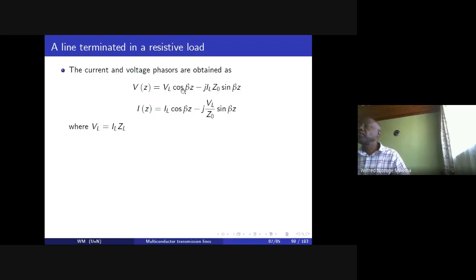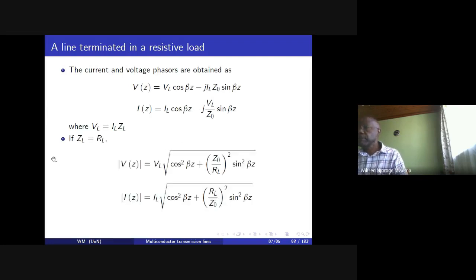This we can always obtain from the original expression we had for Vz, which we said was going to be IL ZL multiplied by the hyperbolic cosine of gamma z, and we take the value of gamma as j beta. We'll just get these expressions there. VL is given, of course, as IL multiplied by ZL.